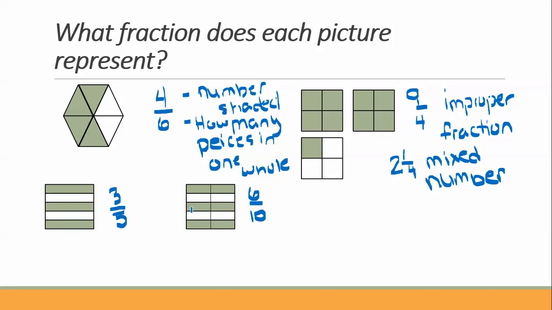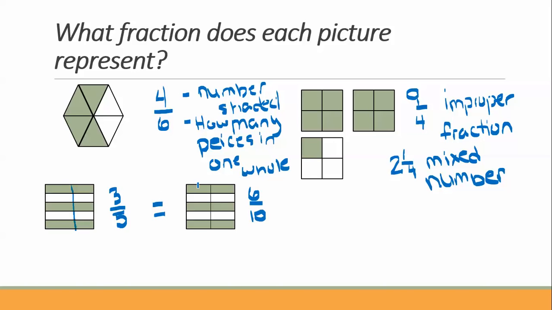These two, notice the size of this outer box is the same and the amount shaded is the same. These two are actually equivalent fractions. And this is how we find equivalent fractions, by just dividing up what one of them is. So we could, if we had the line here like this is very similar to this.